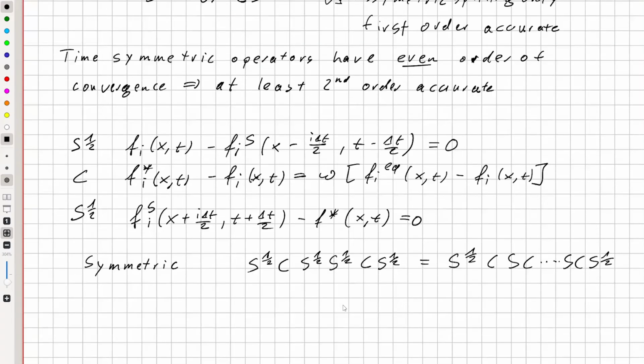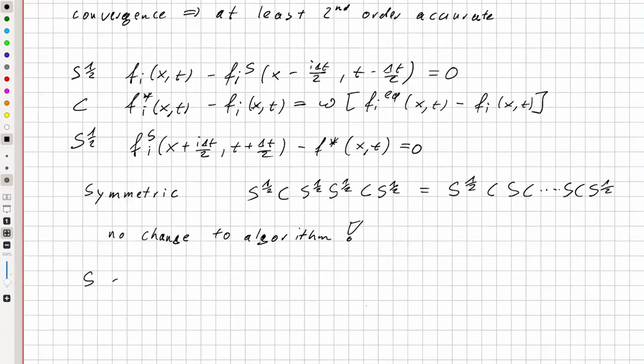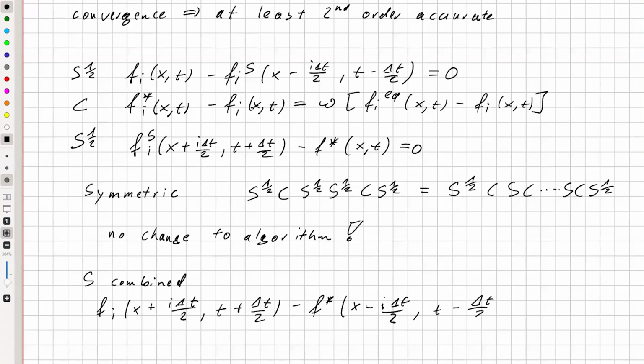So we get no change to the algorithm, because we can combine S back to f_i(x + c_i Δt/2, t + Δt/2) minus f_i after collision (x - c_i Δt/2, t - Δt/2).